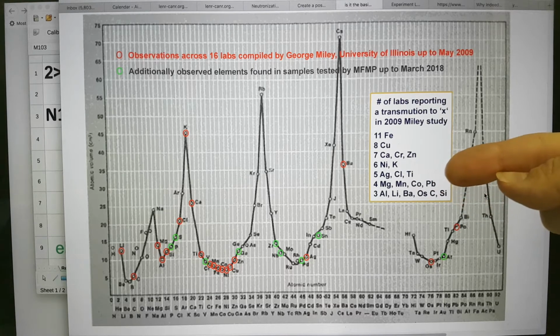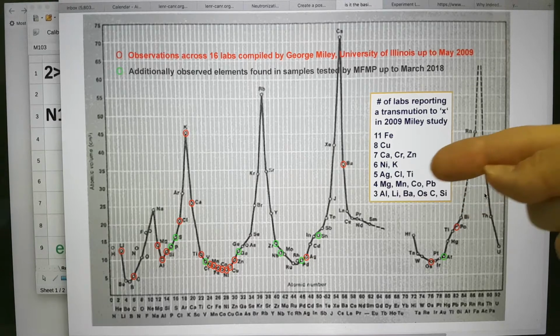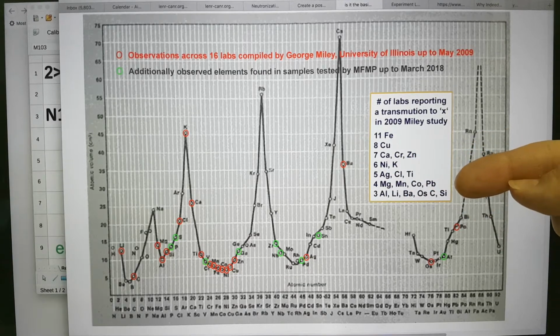And the thing about lead is it isn't just us and these 4 people here that have observed this. Also, it's been observed by Adamenko, and it was one of his most common observations, and also Leclerc, one of his most common observations.